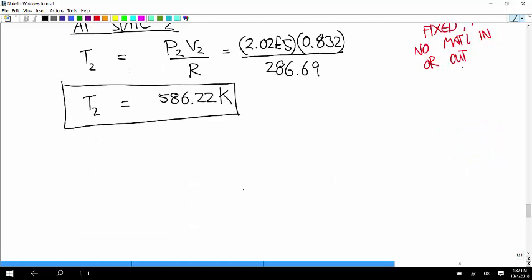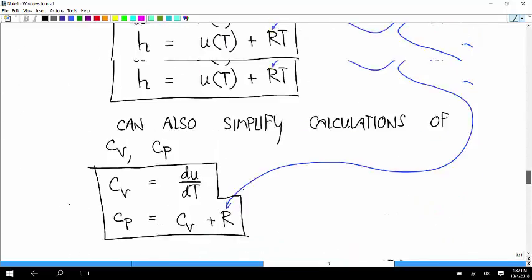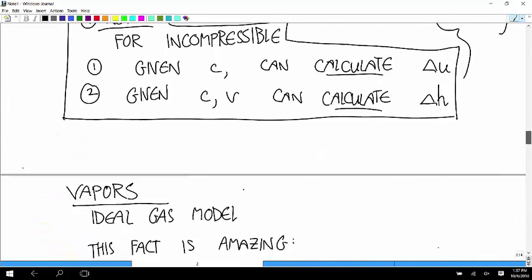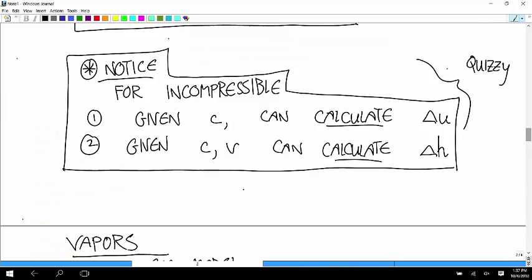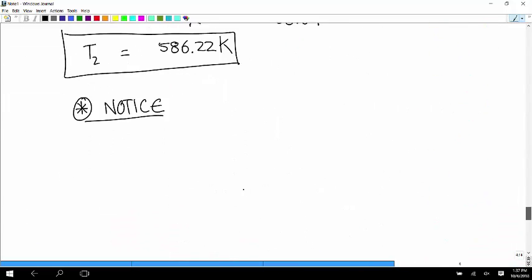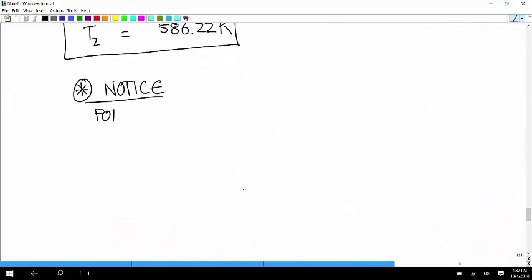Okay, so what do we know about ideal gases? Just like we did with incompressible liquids, for ideal gases, what do we know?